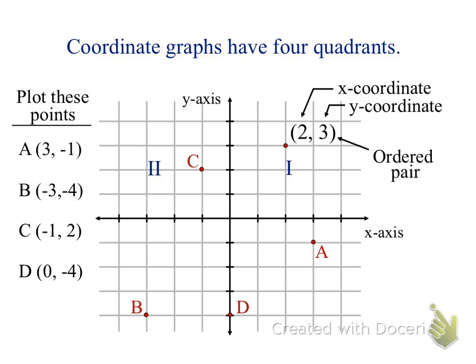Quadrant 3 is right under quadrant 2, so quadrant 3 is in the lower left. And quadrant 4, Maria, is under quadrant 1. Now notice how I show the quadrants.